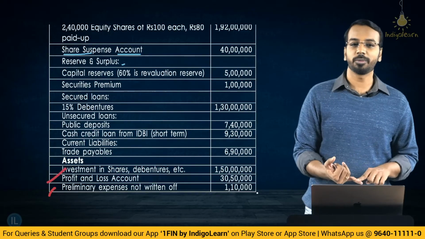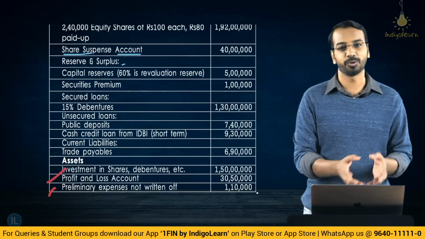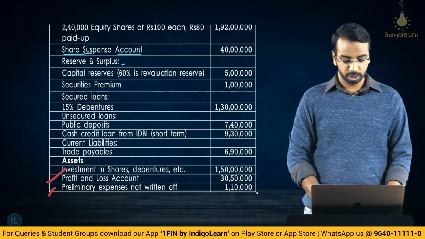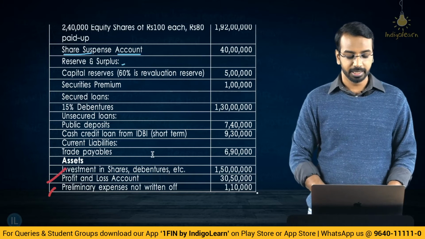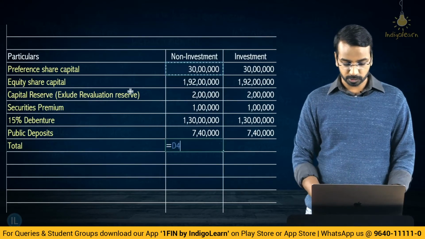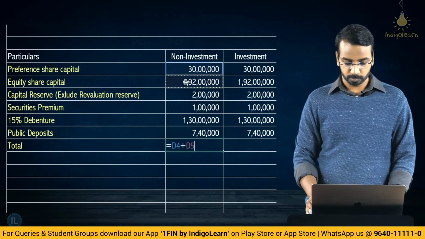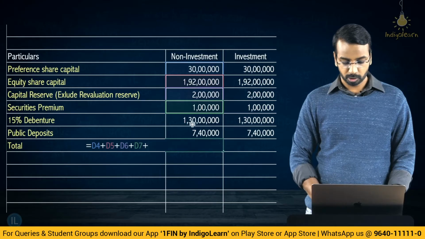Please remember, short-term arrangements, cash credit, overdrafts, all of these will not be considered while calculating effective capital. So you will not consider cash credit, and trade payables being a current liability, you will not consider, right? Then let's total this up. So 3000 plus 19200 plus 200 plus 100 plus 13000 plus 740.